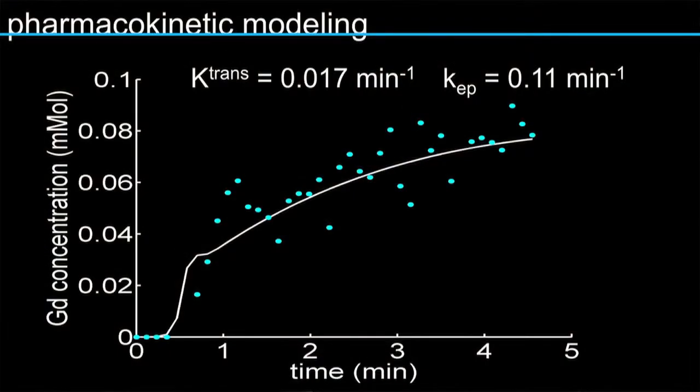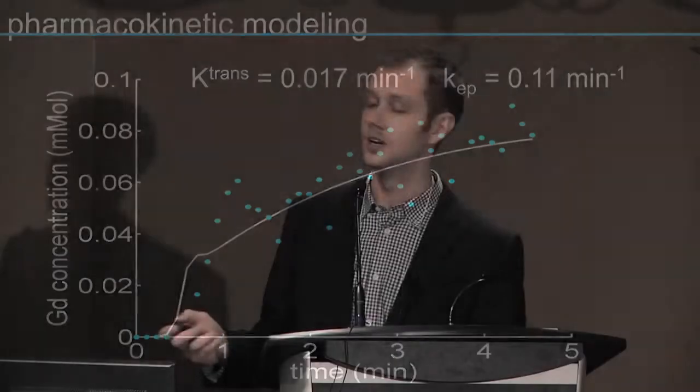So in order to normalize for these types of things, we come up with a model of contrast agent delivery and contrast agent uptake, and we call these pharmacokinetic models. By fitting these pharmacokinetic models to our gadolinium versus time curves, we can come up with tissue-specific estimates of biological properties such as K-trans and KEP, which roughly correspond to how quickly contrast agent washes into and out of the tissue in our voxel of interest.